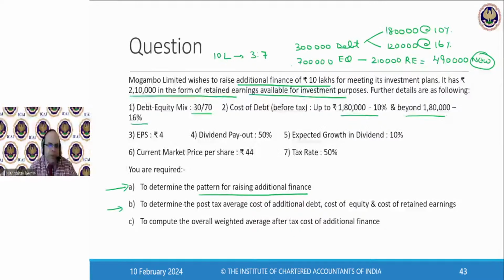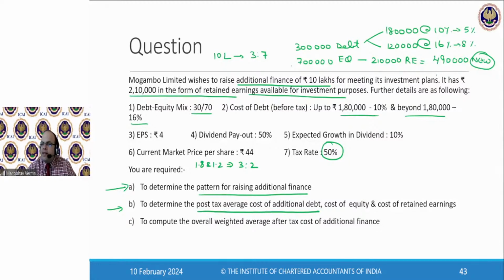Because if you look at question B, post-tax average cost of additional debt. So if I talk about post-tax average cost, what are we looking at? We need 1.8 and 1.2, that is a 3:2 ratio, and the tax rate is given to us as 50%. So these are effectively net of tax 5% and 8%, guys.